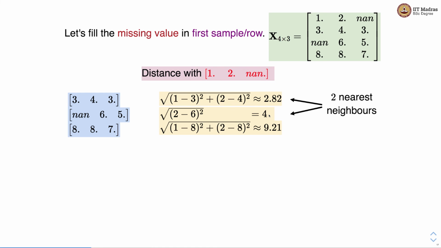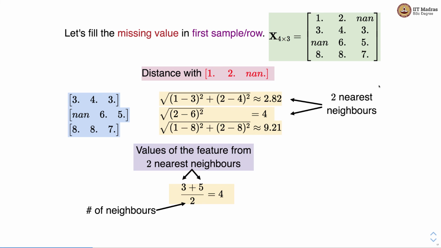In the same way we calculate the distance with the last example, and that comes out to be 9.21. If you want to use, let's say, 2 nearest neighbors, the second and the third samples are the 2 nearest neighbors for the first sample, or the first row.